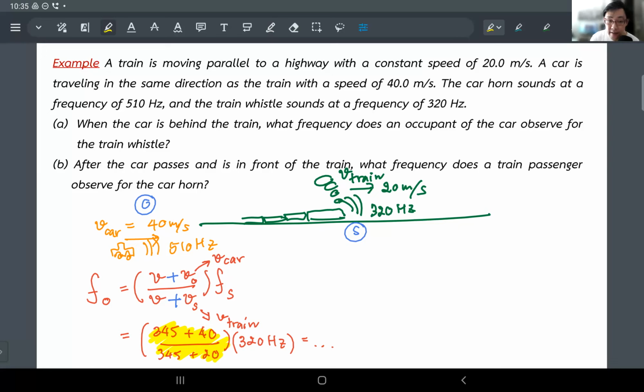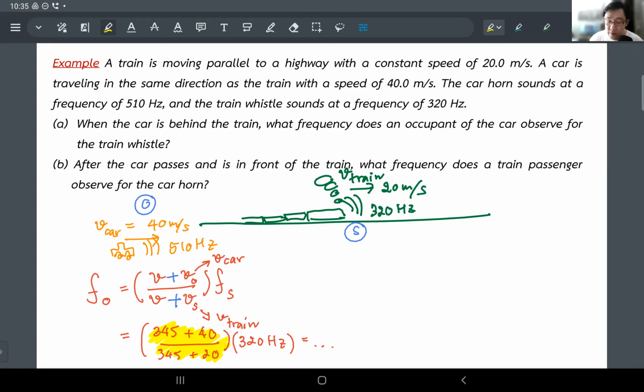Can you see that? The car is actually moving faster than the train. So it's approaching the train. Okay. All right. So in an effective movement relative to each other, the car is actually approaching the train. So that's why the net observed frequency should be higher. Okay, got that one? Okay.